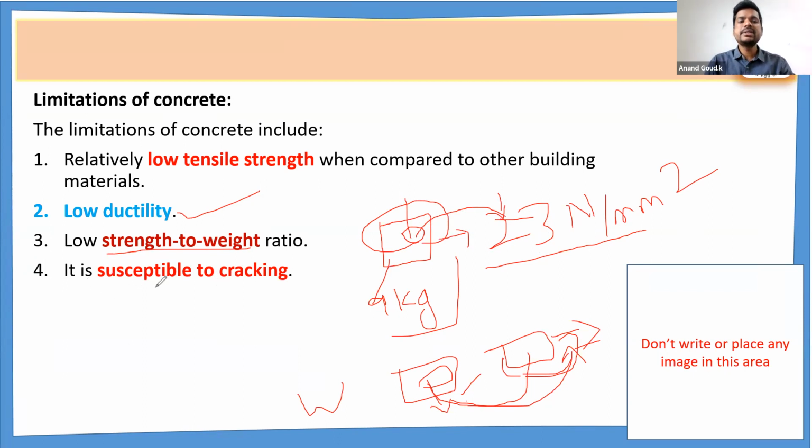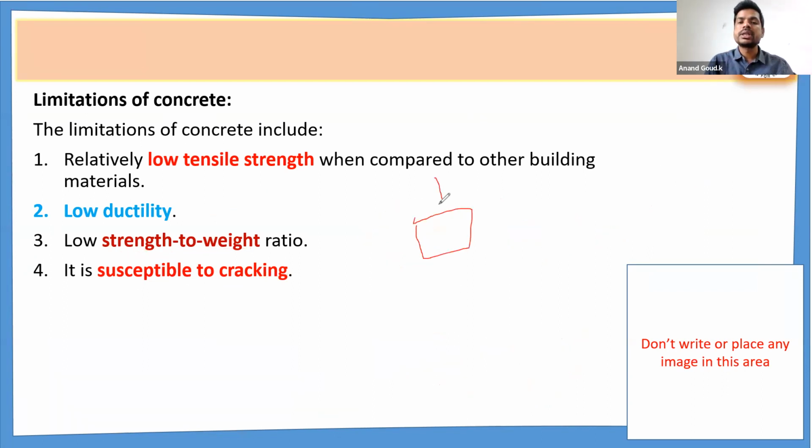And next one, it is susceptible to cracking. It means when you apply loads on the concrete member, you are going to get cracks in the concrete first. It cannot deform directly. If you observe any metal or other materials, first they deform into a different shape, but concrete is not like that, because deformation is observed only if a material has ductile property.